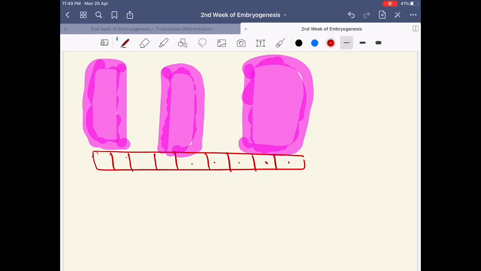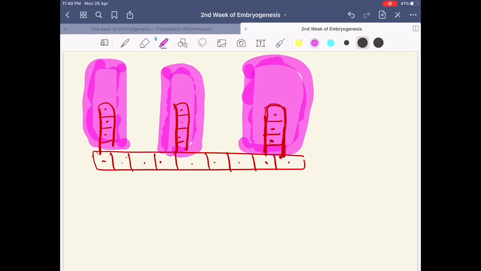During the formation of the primary villus, these cytotrophoblastic cells begin to enter into the syncytiotrophoblast like this. They begin to grow into this. Here also, here also. So what is this space I have drawn in yellow?